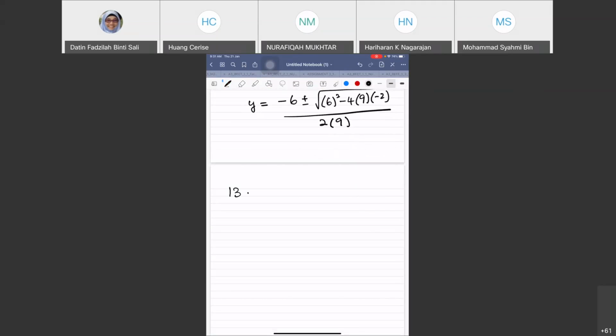Okay, 13 is direction angles again, your alpha, beta, gamma. I think this one should be okay, straightforward also. You just need to find the magnitude of that u, and then only you compute your alpha, beta, gamma. Alpha is the angle formed by vector u and the positive x-axis.